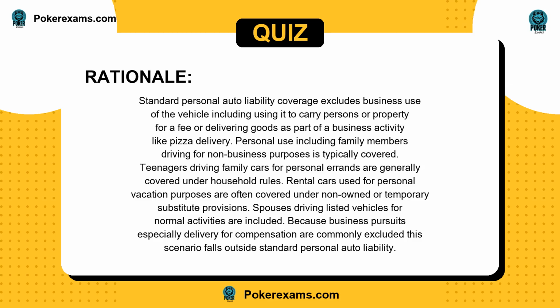Rental cars used for personal vacation purposes are often covered under non-owned or temporary substitute provisions. Spouses driving listed vehicles for normal activities are included. Because business pursuits, especially delivery for compensation, are commonly excluded, this scenario falls outside standard personal auto liability.